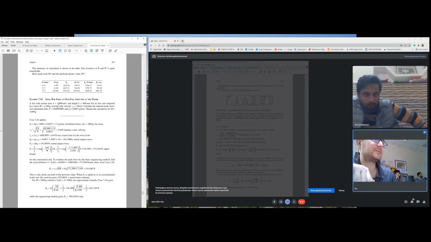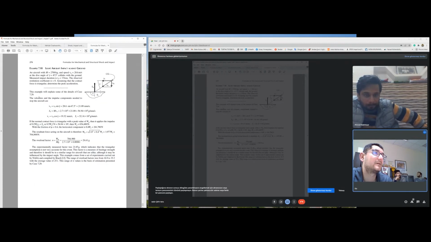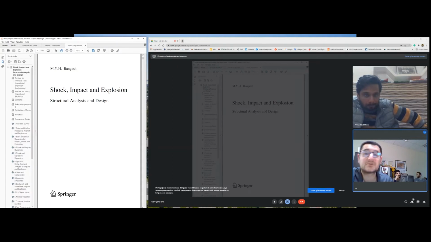The most important part for this book is it is giving some cases, some examples. Look at here. It is close, not the same, but close. Okay? So I'm taking chapter 10 now.